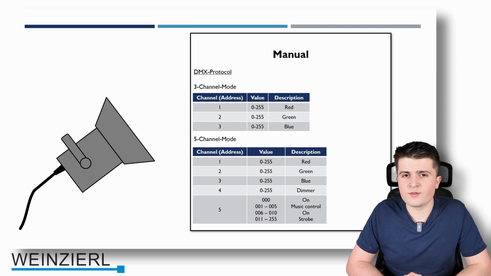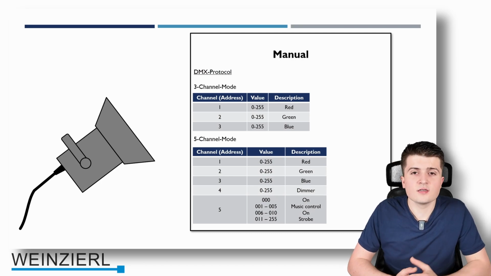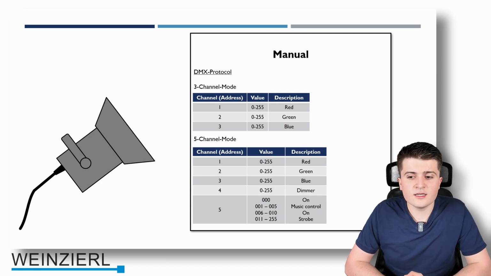Now besides that, obviously the devices have to be addressed, or the data points of the device have to be addressed to one of those 512 addresses. And this is where the manual comes into place, which is really important to have in DMX. So here we can see a little example with the DMX lighting spot, and if we take a look into the manual we can see that it has a 3-channel mode, and in this 3-channel mode the light uses 3 addresses, 1, 2 and 3 for the RGB values, so that's pretty straightforward.